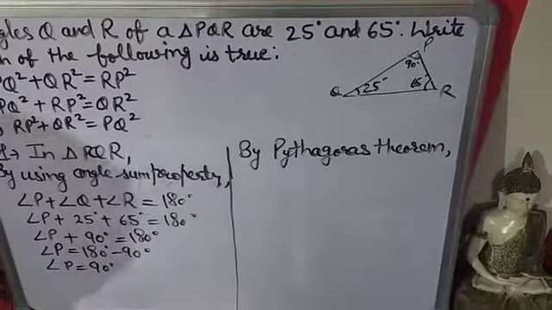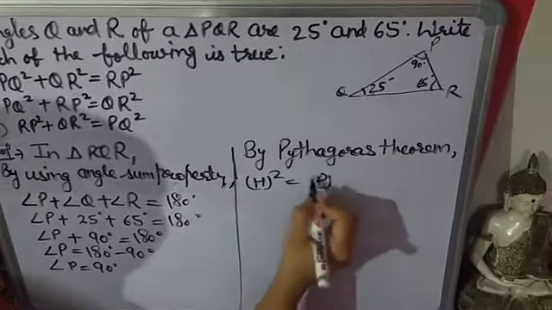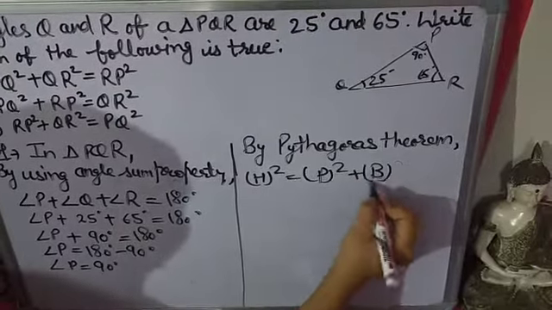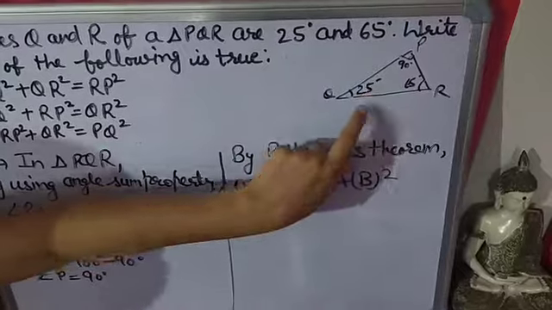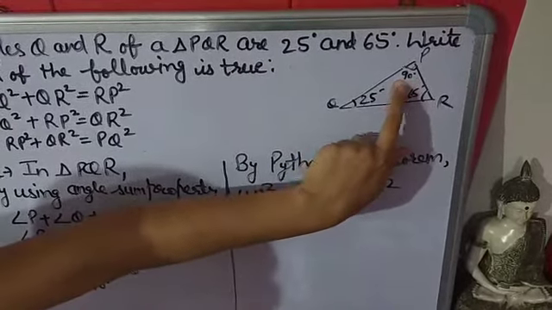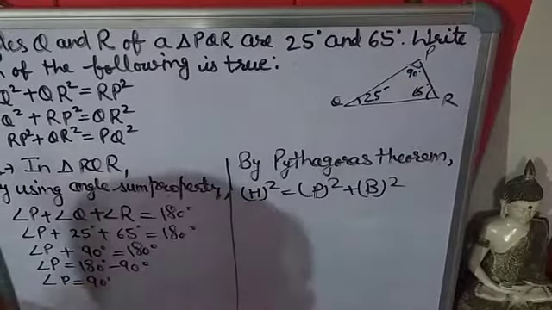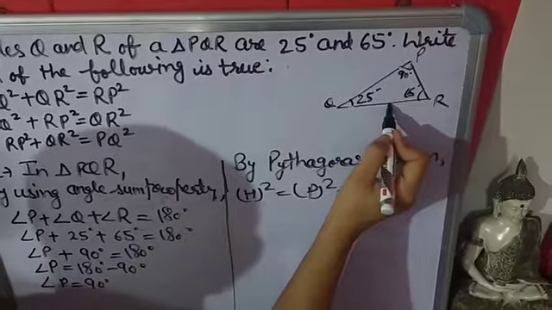So what is the Pythagoras theorem? Hypotenuse square is equal to perpendicular square plus base square, है ना? So which side is hypotenuse? I told you the opposite side of the 90 degree angle is called hypotenuse. This is the 90 degree. What is the opposite side? That is QR, है ना?